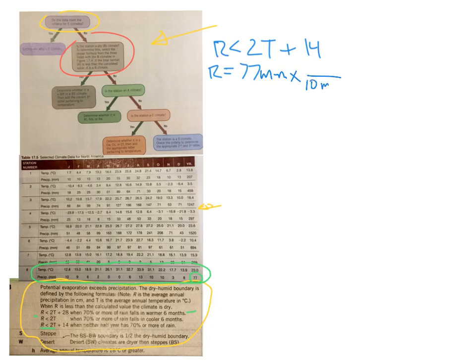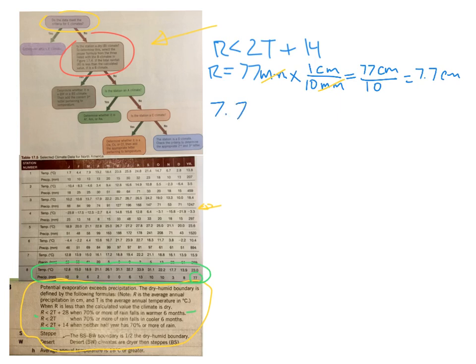There are 10 millimeters per 1 centimeter, or 1 centimeter is equivalent to 10 millimeters. I'm going to cancel out my millimeters, multiply. 77 times 1 is 77 centimeters, divided by 10. 10 into 77 will be 7.7 centimeters. That's my R value.